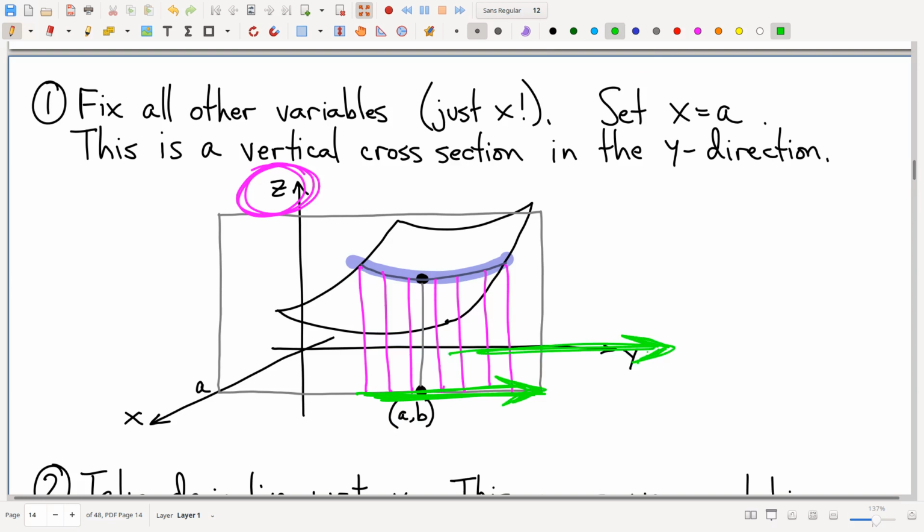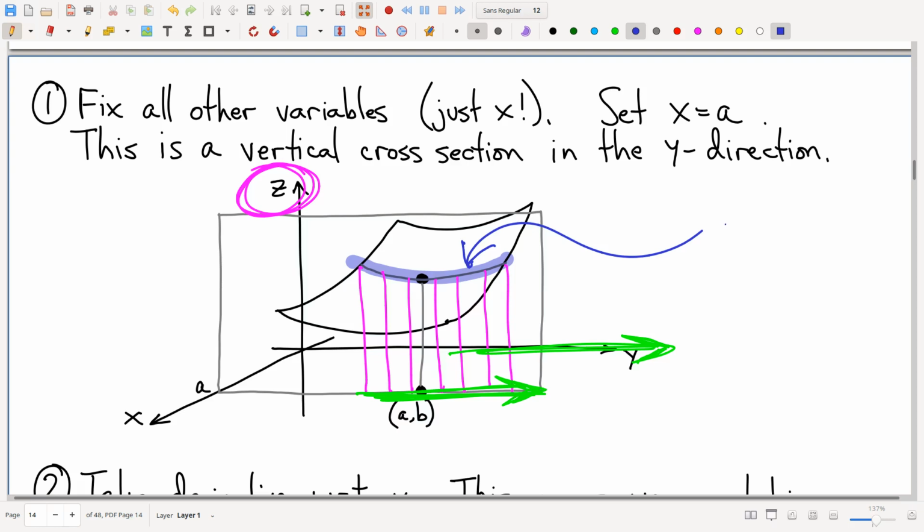Because after all, x is constant, right? So for any given y, thought of as the input, we get a z vertical, thought of as the output. I have height as a function of horizontal input variable. I have a graph. This cross section is literally the graph of the function. Let me write this down. This is the graph of the function.